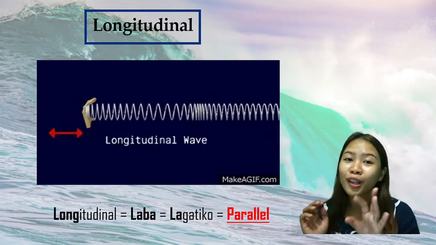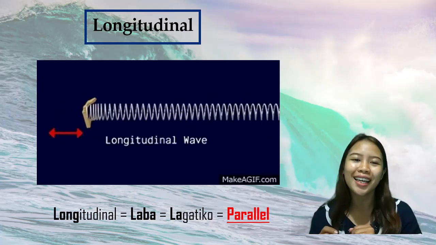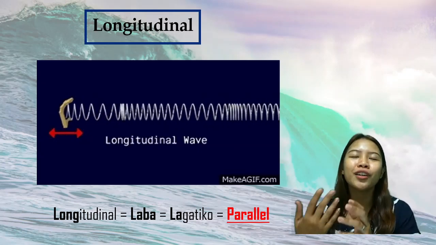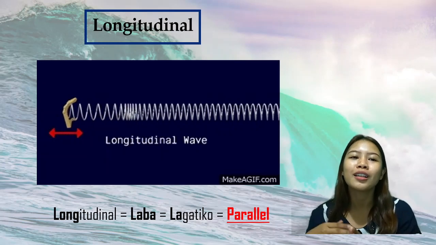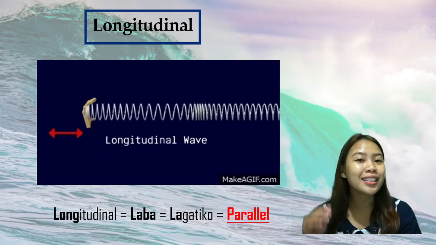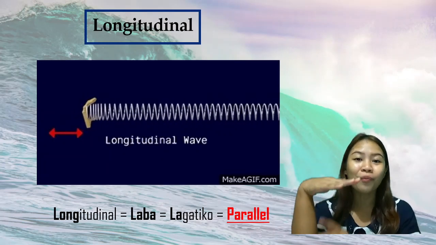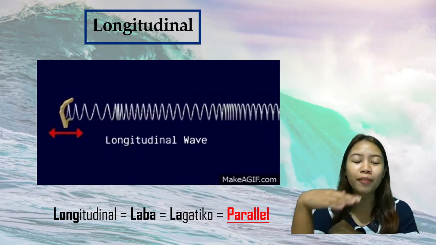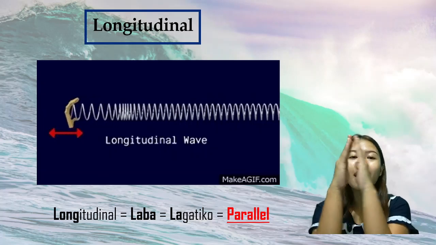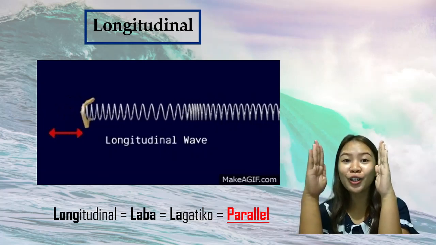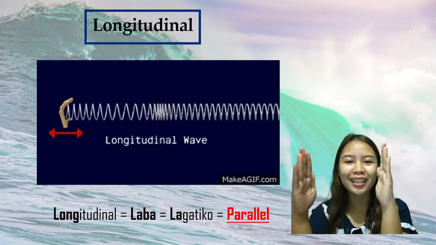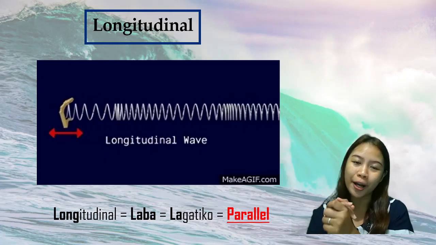Si parallel, may tatlo man ka L. So, kung kagina si transverse, we have the transverse, transgender, gatiko, perpendicular. When it comes to longitudinal naman, longitudinal, laba, gatiko, parallel. So, amo nang tandaan sa ilang nga duha.